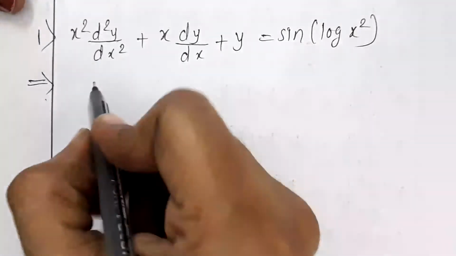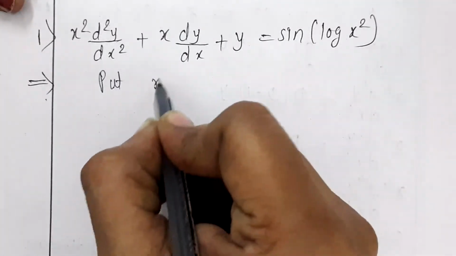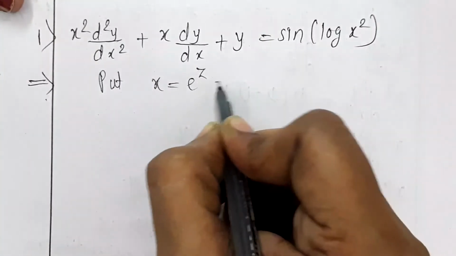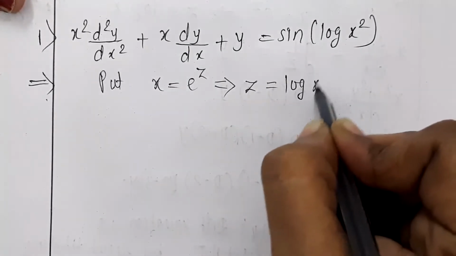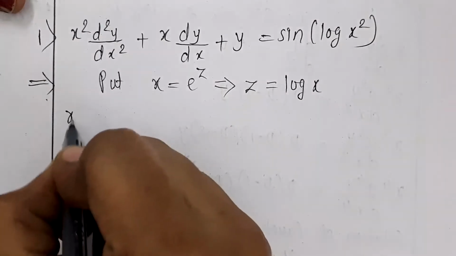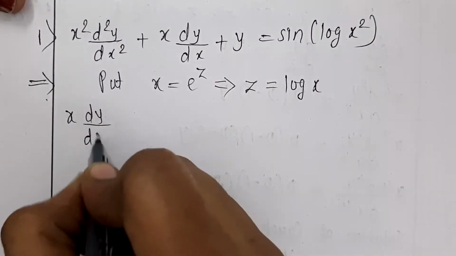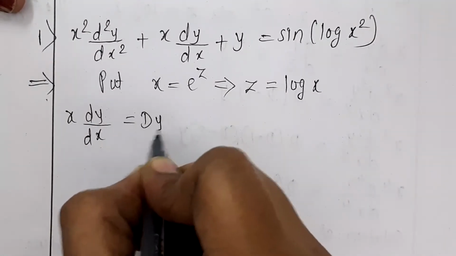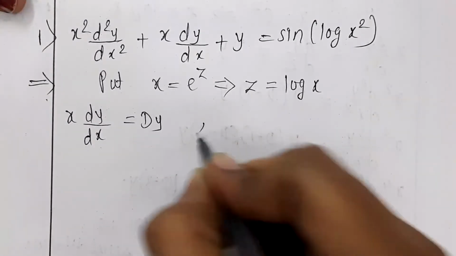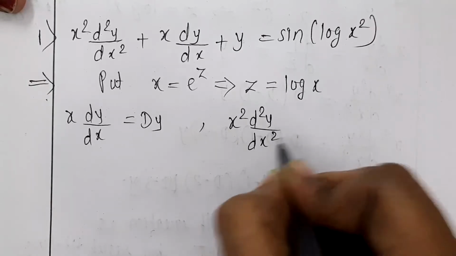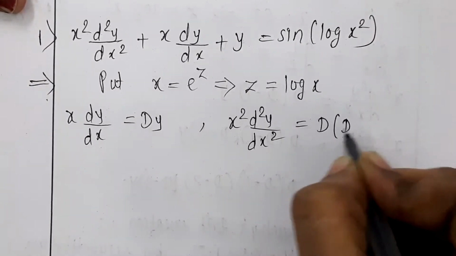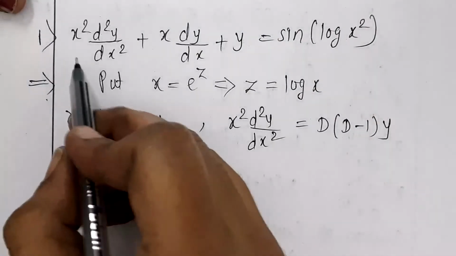So we first convert it into a linear differential equation. First put x is equal to e to the power z, and we get z is equal to log of x. Next, x into dy by dx is equal to D multiplied by y. Then second, x square into d2y by dx square is equal to D multiplied by D minus 1 into y. We only want these two terms.